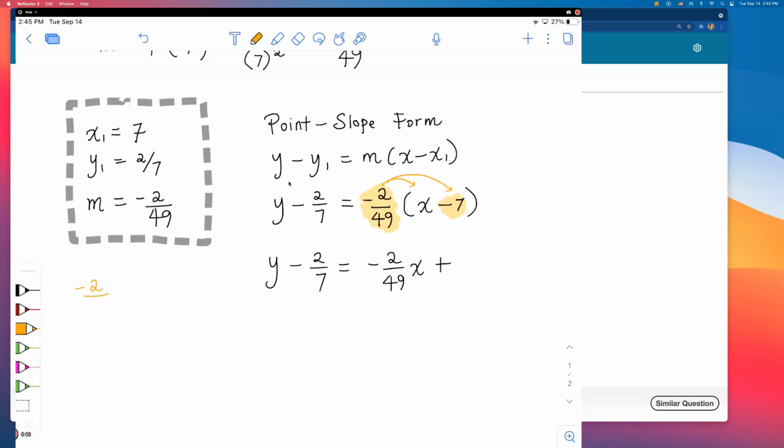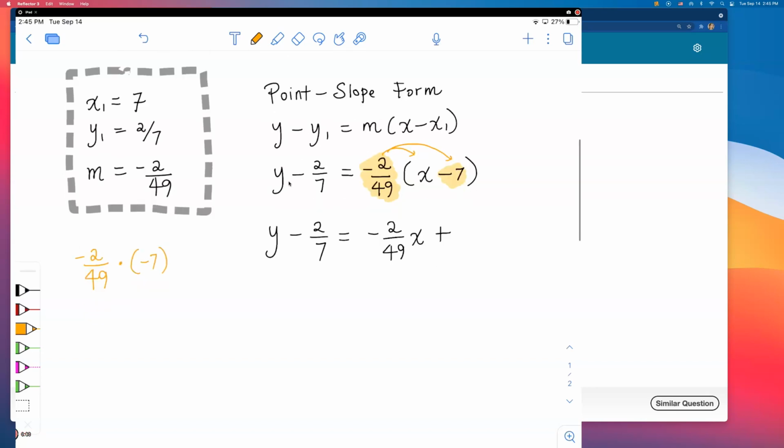Negative 2 over 49 times negative 7. What's that going to be? That is going to be negative 14 over 49, right? Whoopsie, sorry. Negative times negative is positive, so this shouldn't be negative, which simplifies to what number? 2 over 7. So I have 2 over 7 right there.